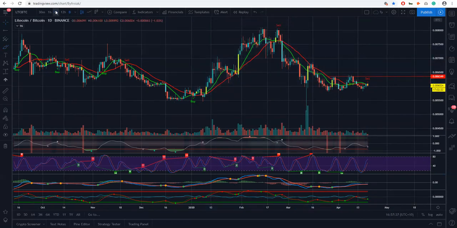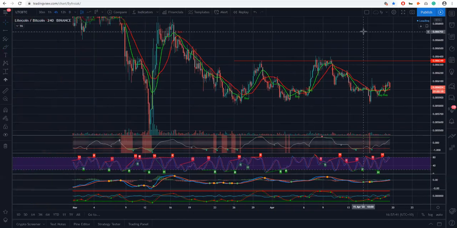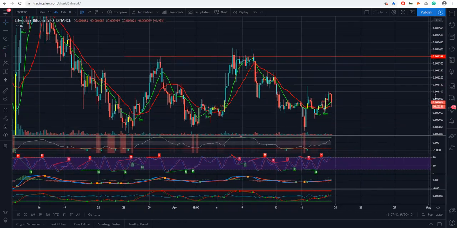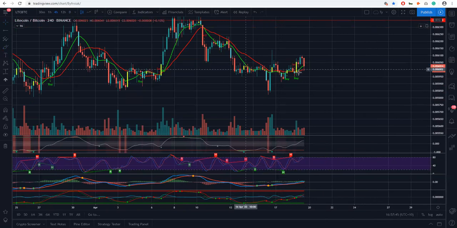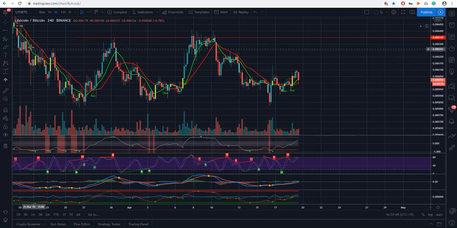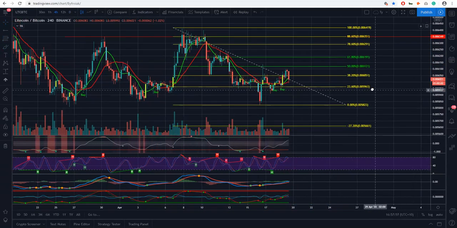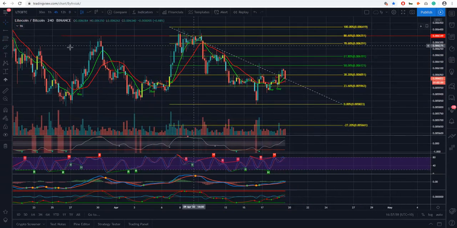So let's get rid of this. You can see how it starts getting a little choppy now in this range. That's probably where I would pull back a little bit from using my SMAs, and I would go to something a little bit more valid in terms of looking for levels of confluence amongst other indicators.